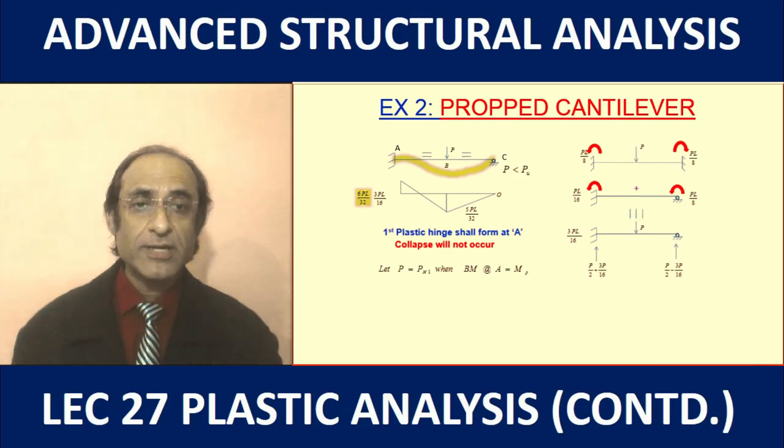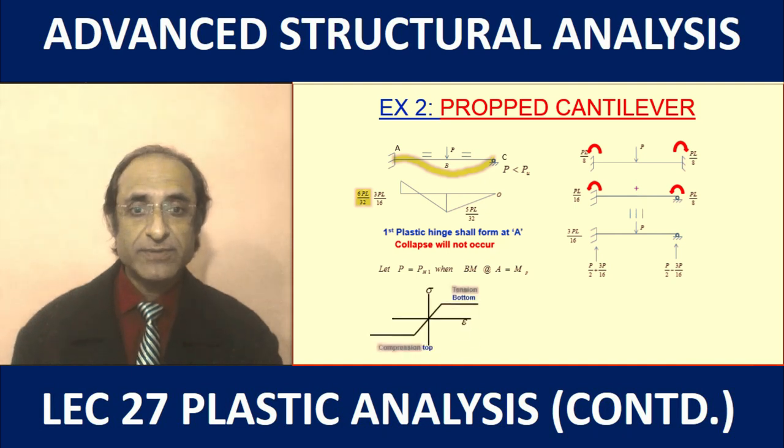So let's find the particular load value at which the first hinge occurs. This can be obtained very easily, because at this point, when the load is equal to PH1, which is the denotation for the load causing the first hinge, the bending moment at A is equal to MP.